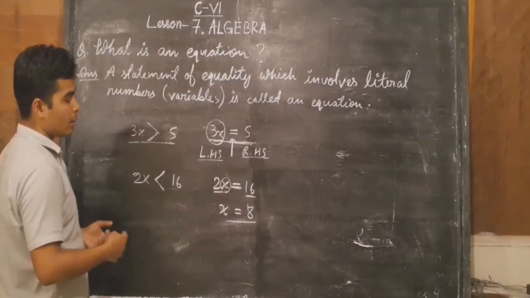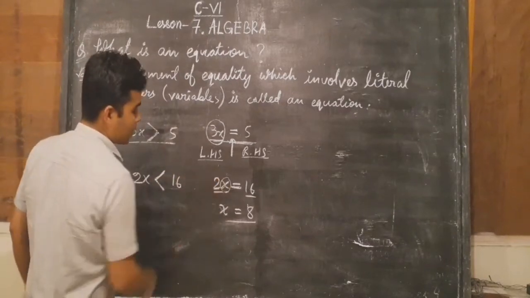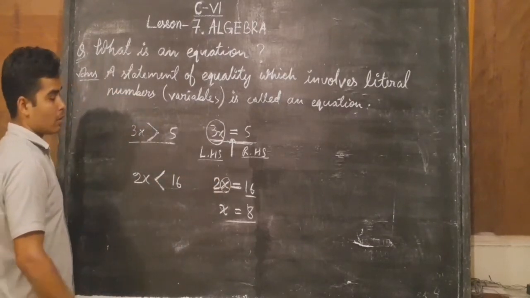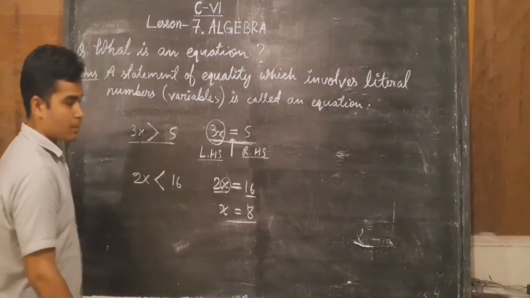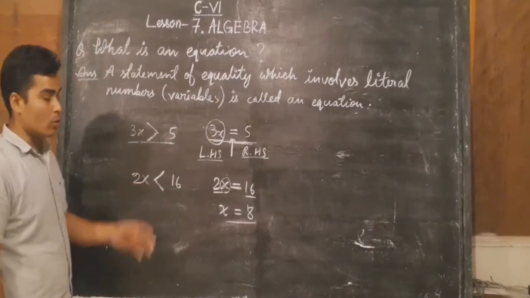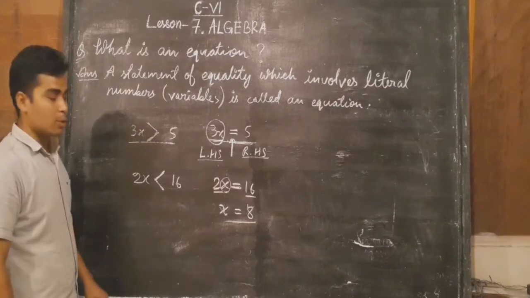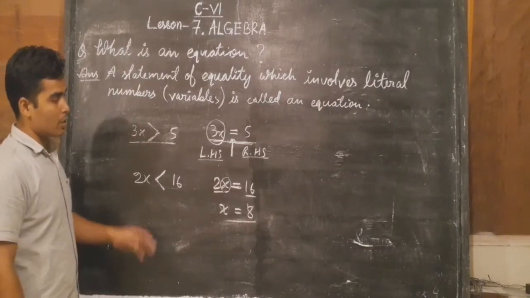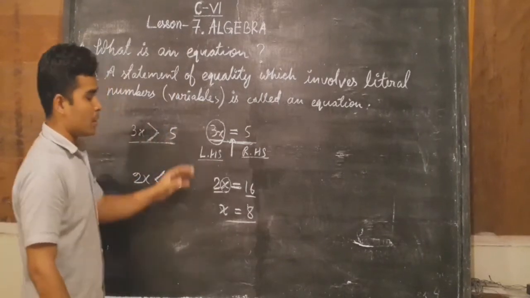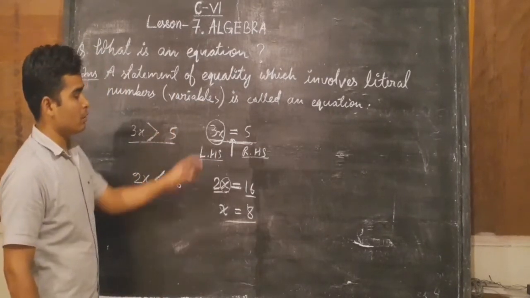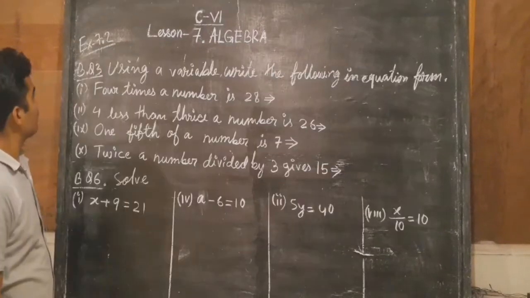We can find the value of a variable in an equation using many methods. There are the substitute method, the trial and error method, and the transposing method. So I will tell you how we solve an equation and find the value of the variable in an equation.